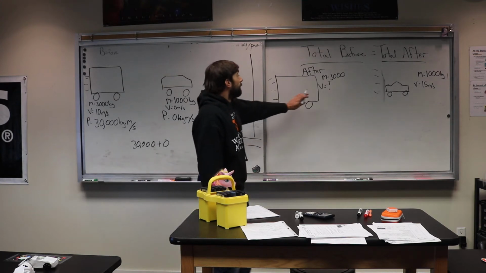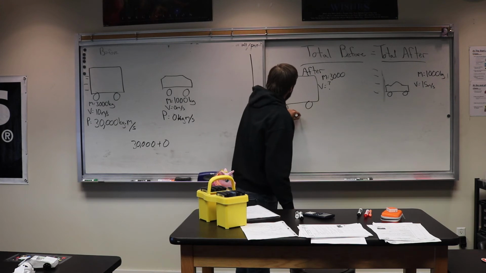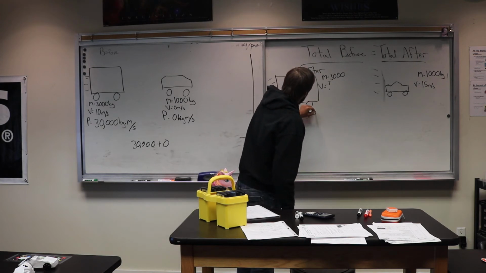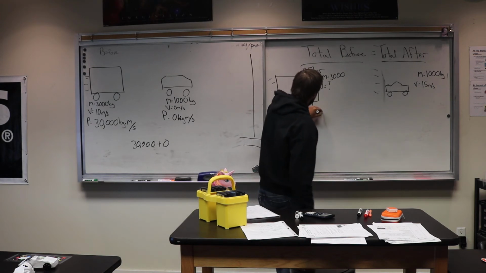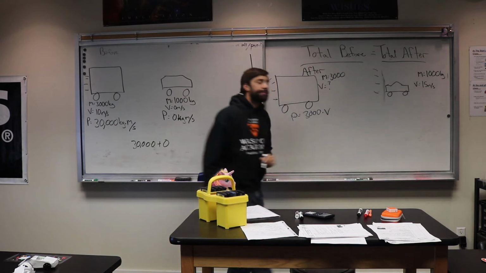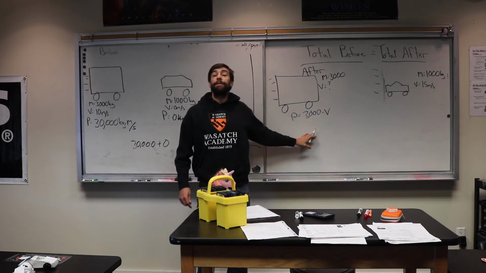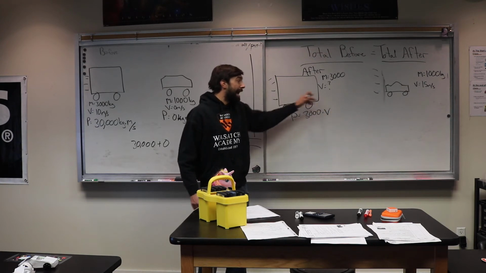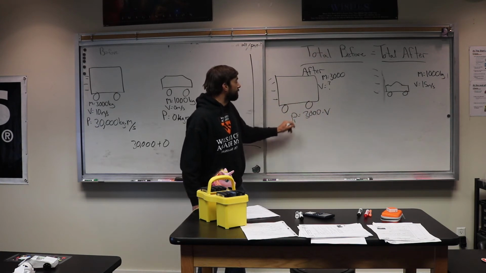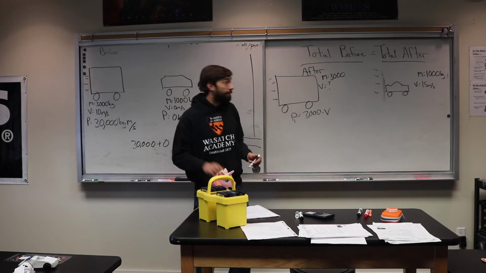So here our momentum is 3,000 times our velocity. Because we don't know this velocity, we're just going to leave it as V. So we'll call this momentum 1.